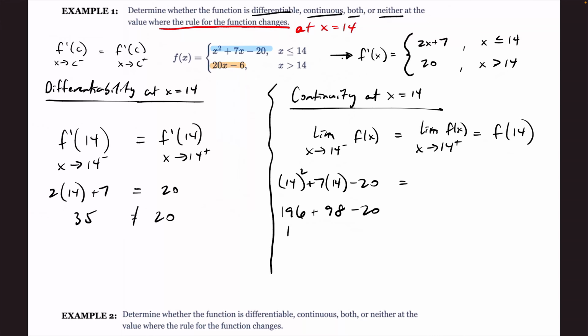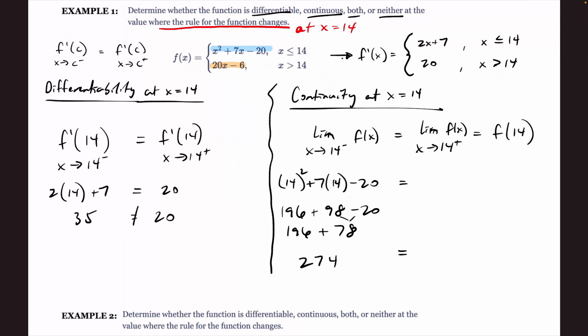Let's see, so 196 minus 78, 118? Wait, minus 78? Yeah, because I subtracted first and then, oh, sorry, plus, right? That's plus. Sorry, I went the other way. So this is 200 and 274. 74, thank you.